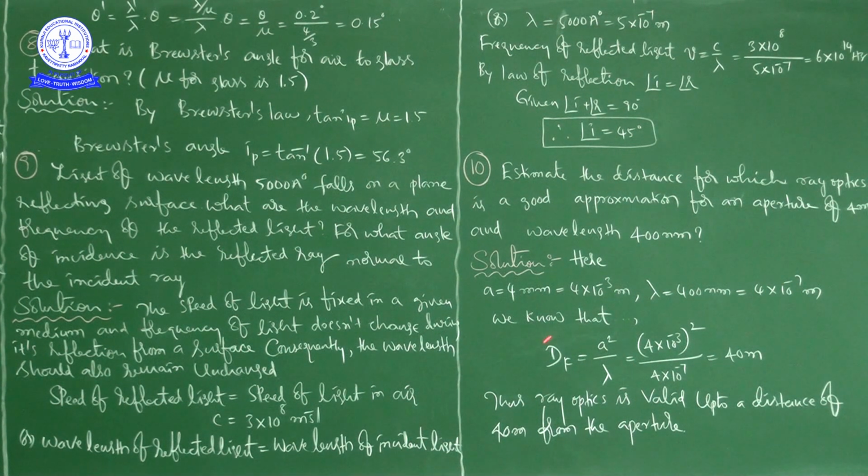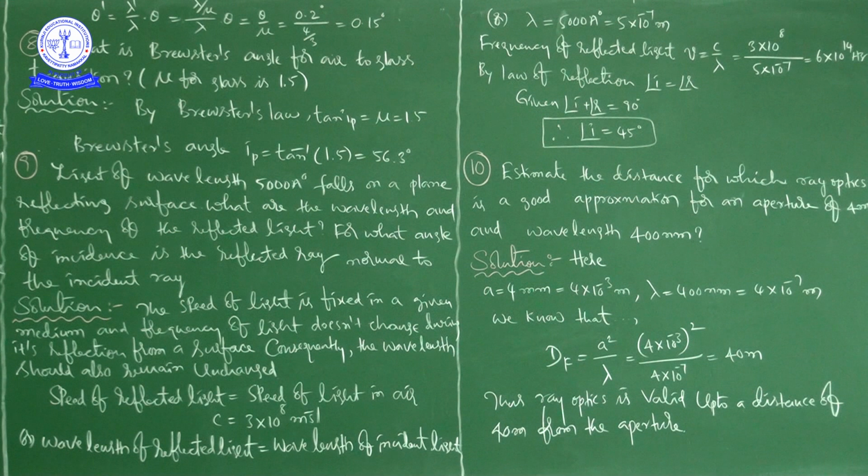We know this is the formula for df, the distance for which ray optics is a good approximation: df is equal to a squared by lambda. The value of a is already given, 4 into 10 to the power of minus 3, whole squared, divided by the lambda value, 4 into 10 to the power of minus 7.